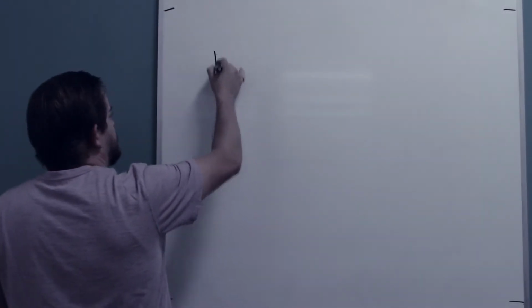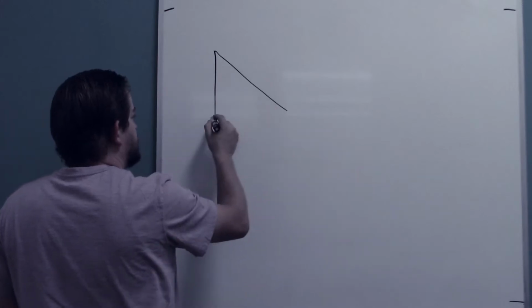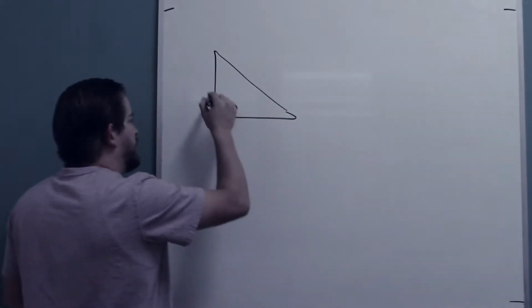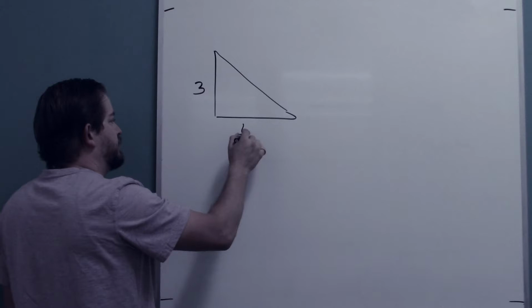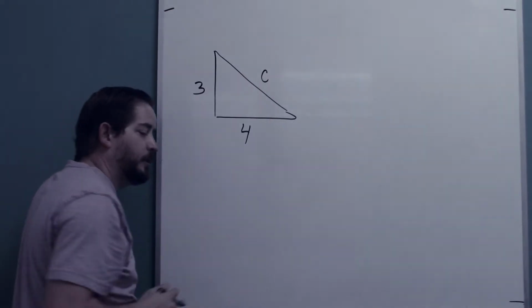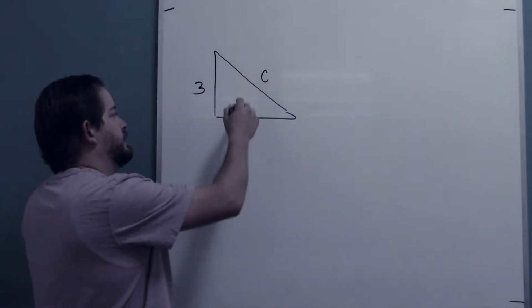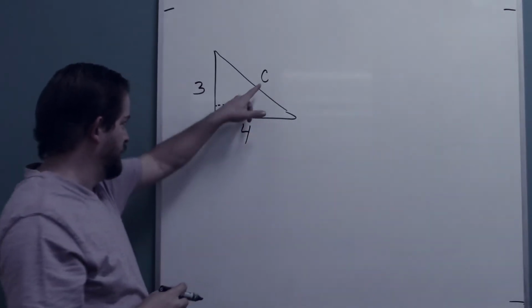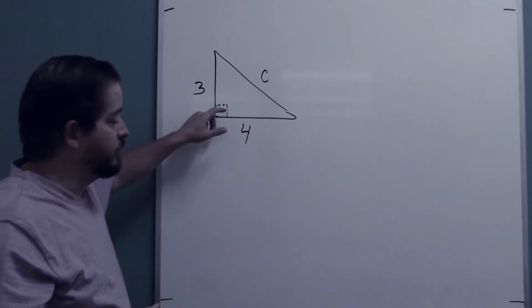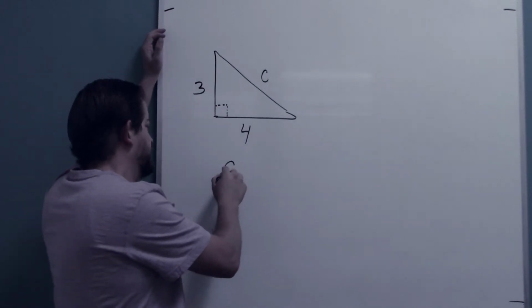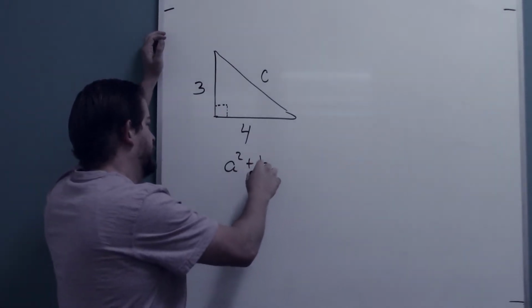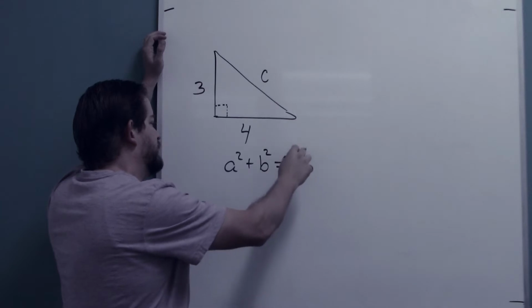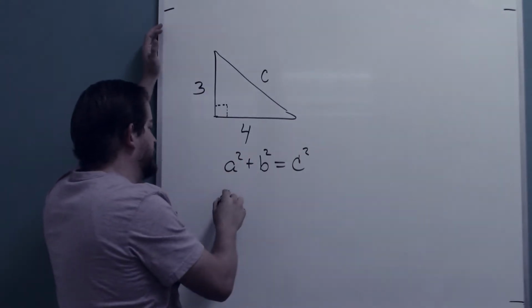There's a couple of nice ones. If I have a triangle that has sides of 3 and 4, and I don't know what the hypotenuse is, well, this is the hypotenuse because it's on the opposite side of the 90-degree angle. That tells me that a squared plus b squared equals c squared, and therefore I can say a is 3.